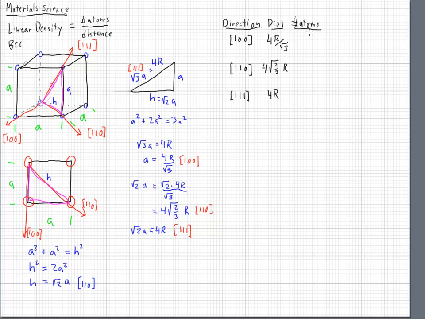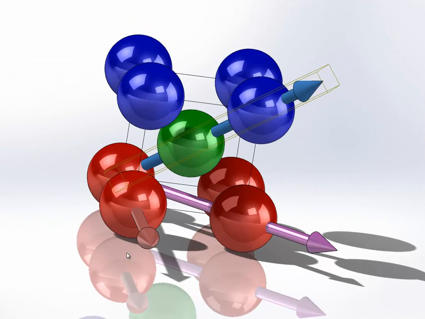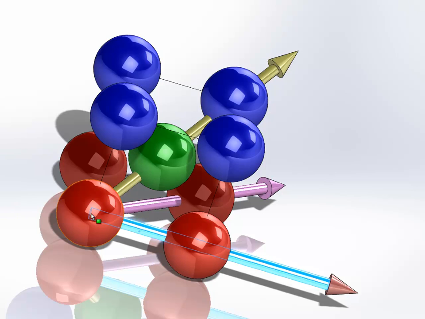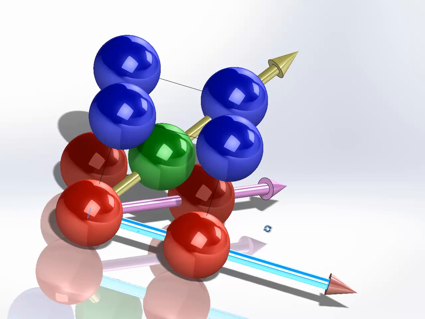Okay, this is a little bit easier to figure out. We'll go to our 3D model again. And along our 1, 0, 0 direction, we run into one radius and then another radius. So we have actually traversed an equivalent of one atom. So 2 radii would be 1 diameter, traversing 1 atom.